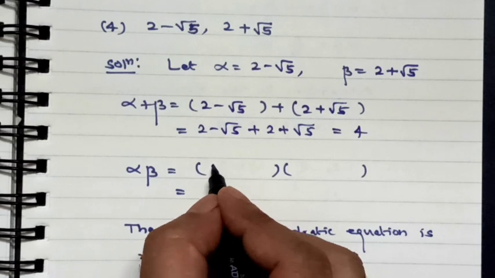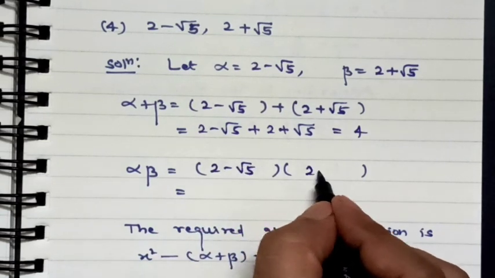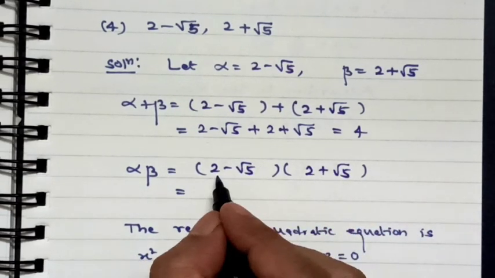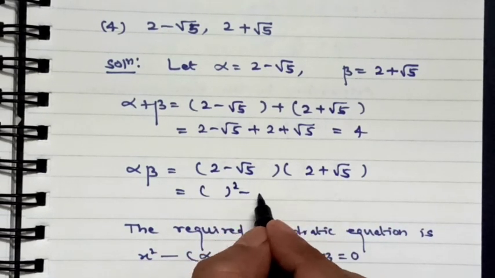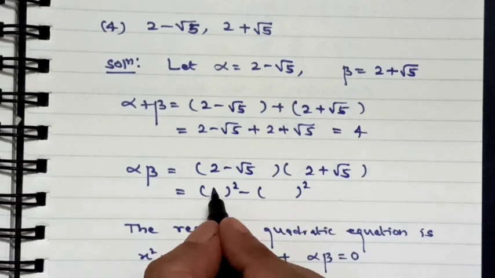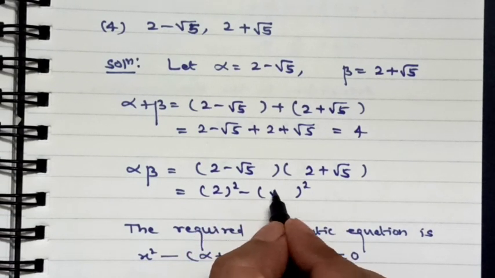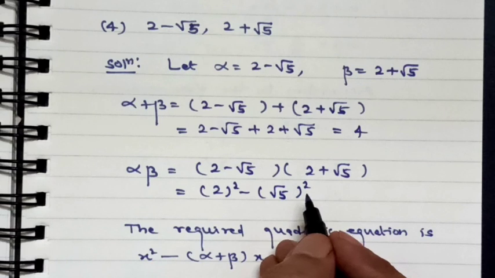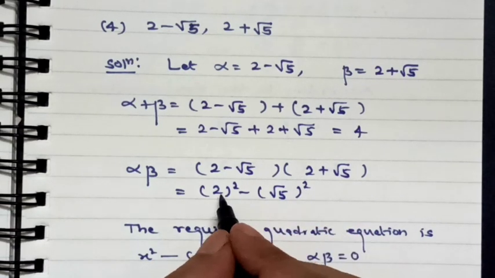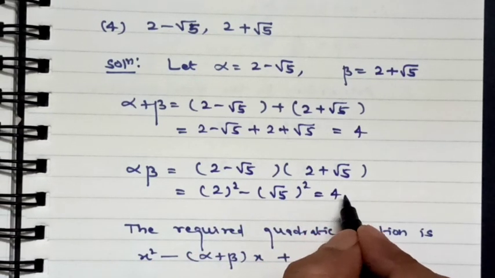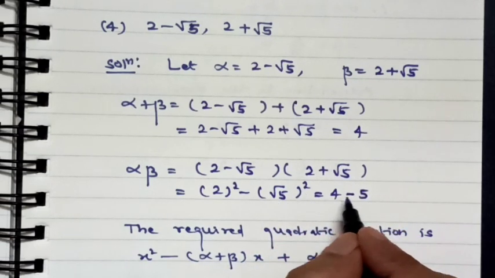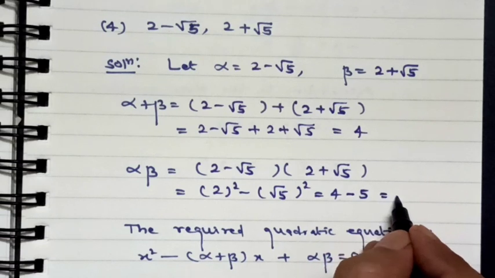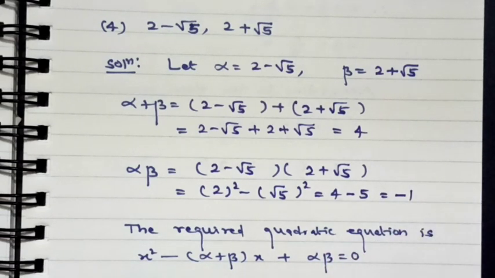Now multiply 2 minus root 5, 2 plus root 5. It is (a plus b)(a minus b) type. So it is a square minus b square. A is 2 and b is root 5. So it will give you 2 square is 4 and root 5 square is 5. So 4 minus 5 is equal to minus 1. So alpha into beta is minus 1.